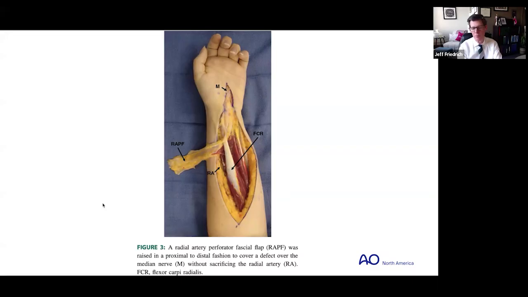Then I can usually get away with tunneling more easily. If I have a trauma case, I start to think twice because I'm worried about swelling, and so I might change over and open up the skin and design my flap differently.